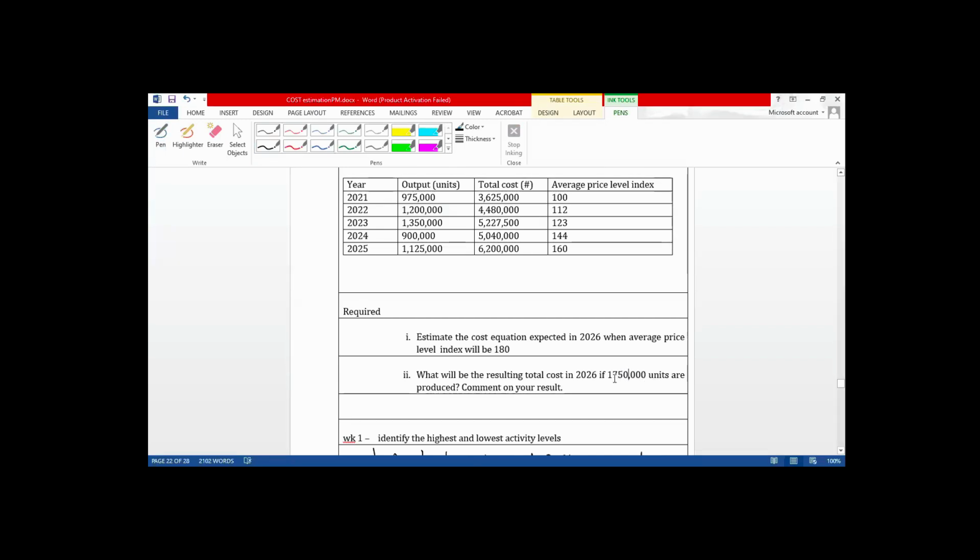If you look at that production, it's outside the range. The range we used was 900,000 to 1.3 million, but this is 1,750,000. So our estimates may not be correct.